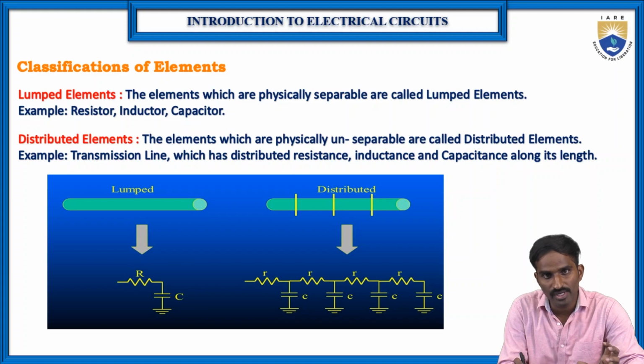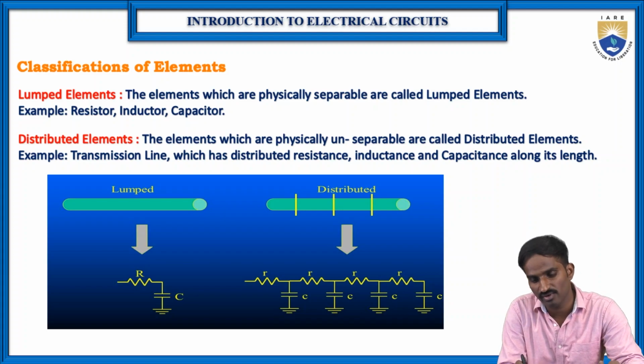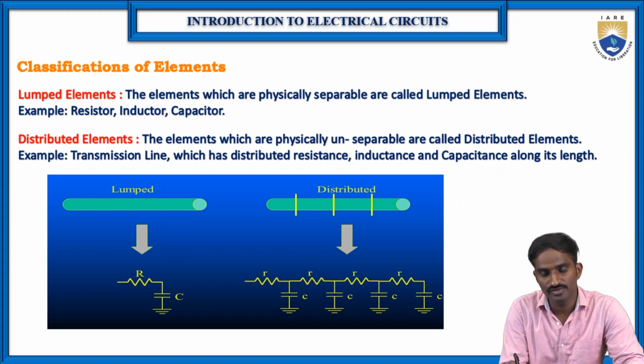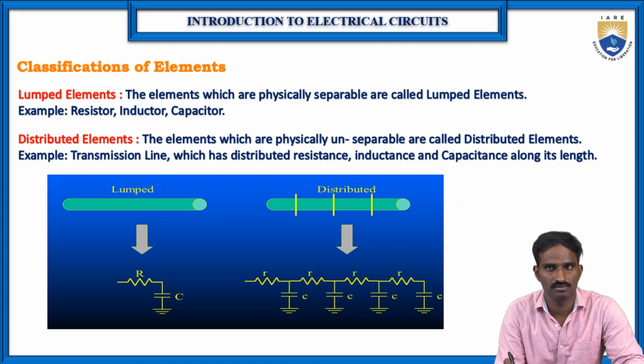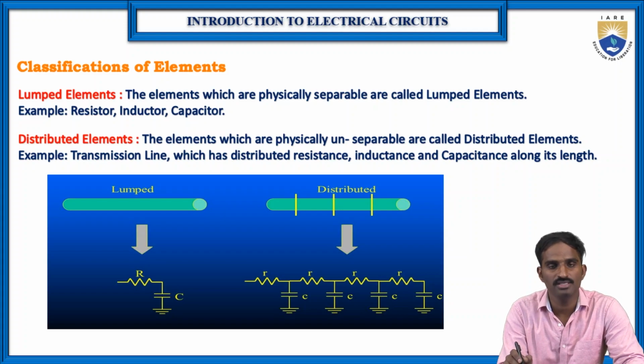We cannot separate the resistor, inductor and capacitor from this transmission line, so physically non-separable. That's why those kind of elements are called the distributed elements.